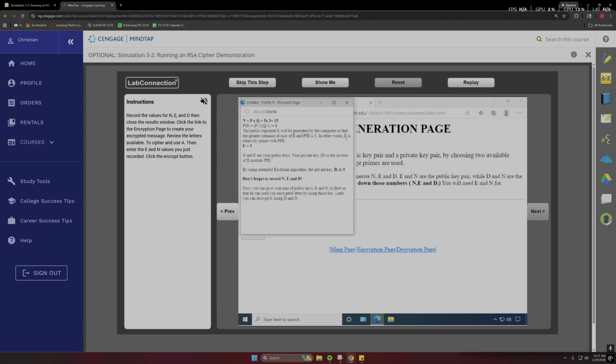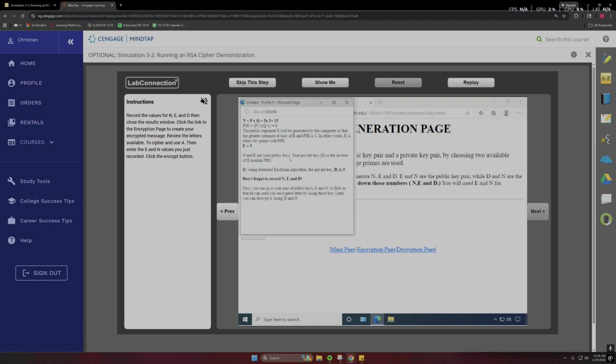In other words, E is relatively prime with PHI. So PHI equals (P minus 1) times (Q minus 1), which equals 8. So that's the formula, I'm assuming. And E is 3, I'm assuming.